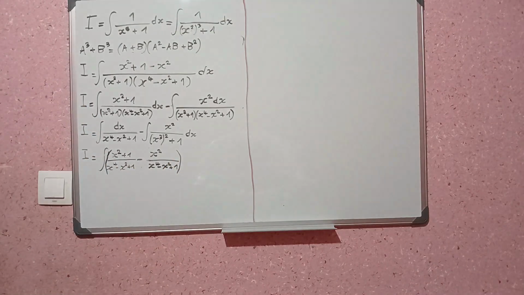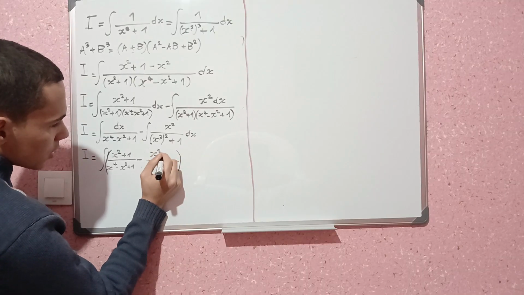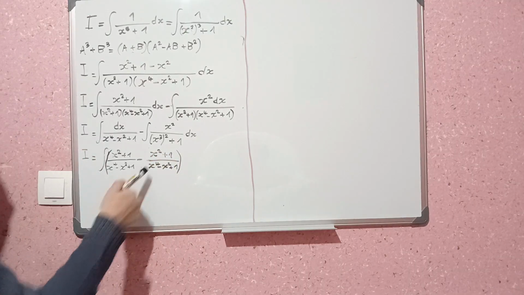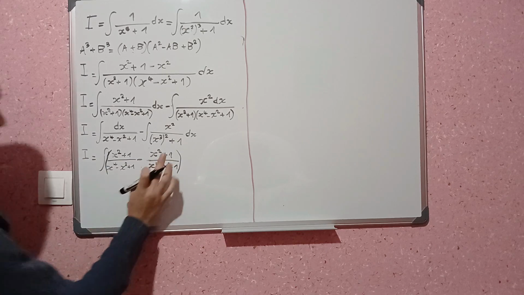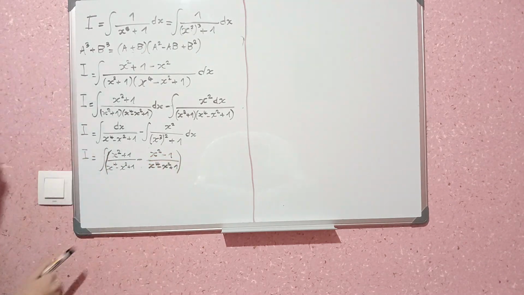But if you do that, we need a plus or minus 1 here. So let's do a plus 1. Alright, this equals 0, so it doesn't work. So we have to minus 1.